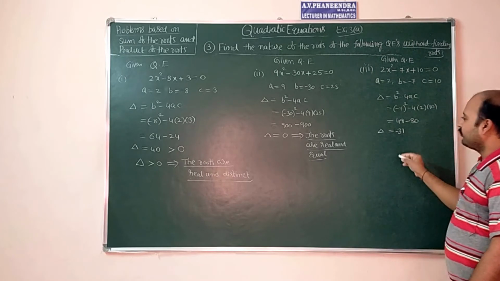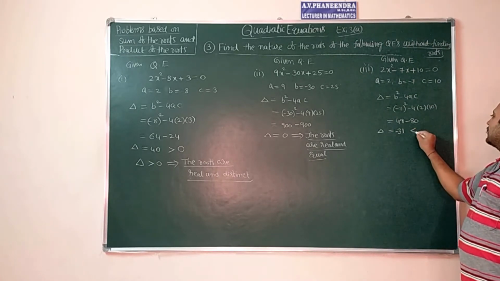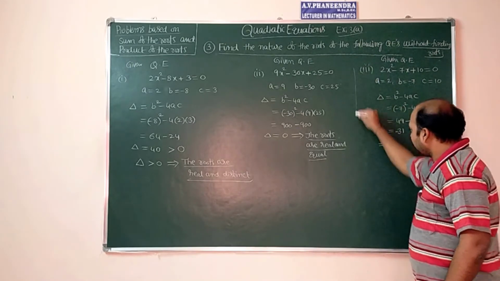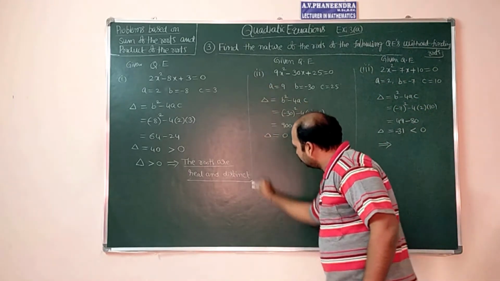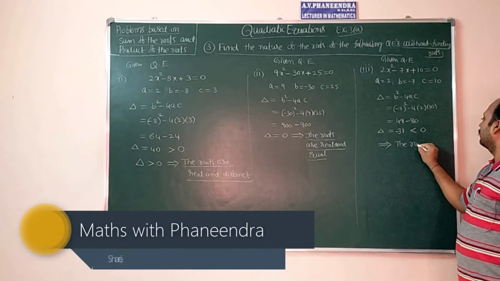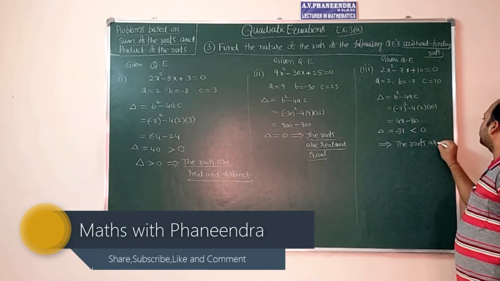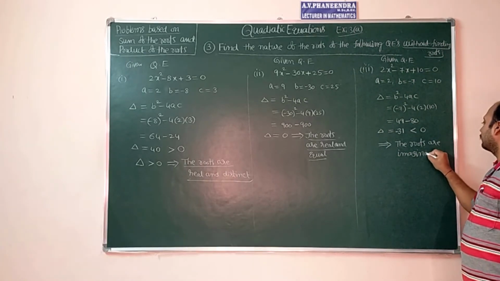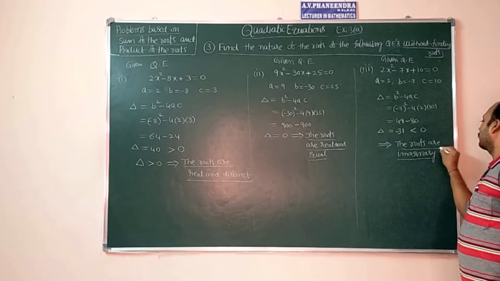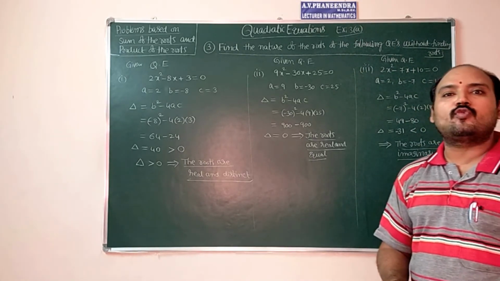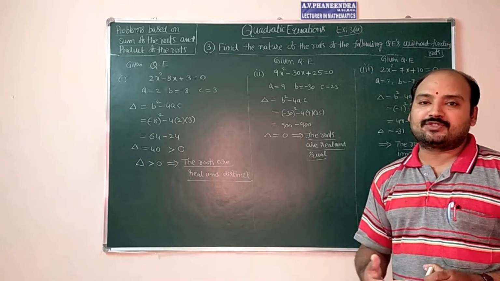Delta equals -31, which is less than 0. That implies the roots are imaginary. Like this, you have to give the conclusion for the nature of the roots without finding the roots.